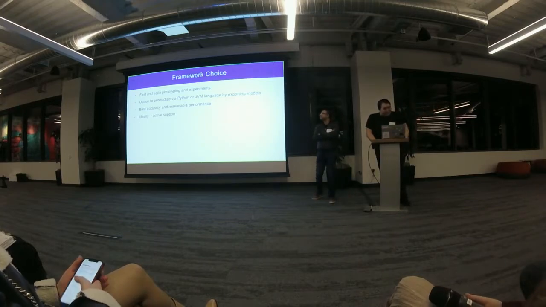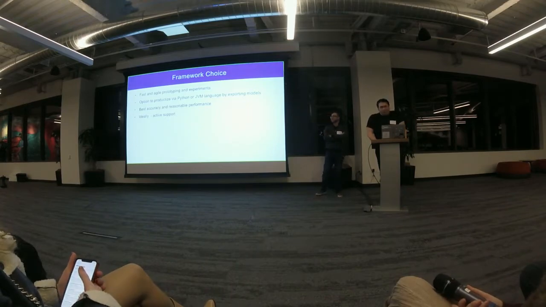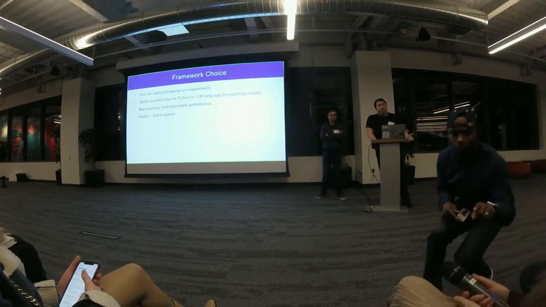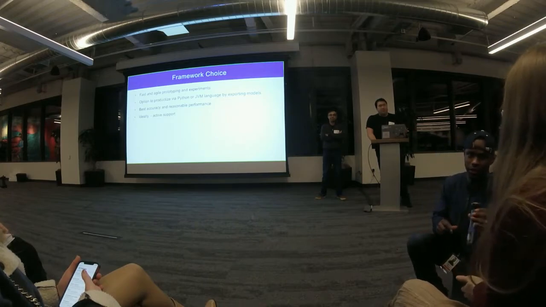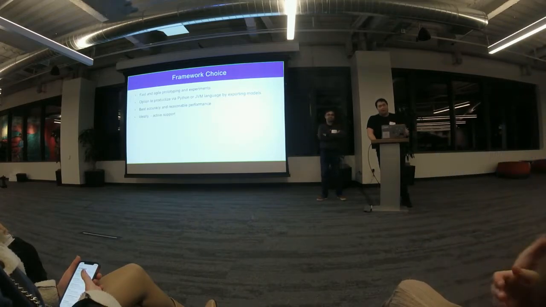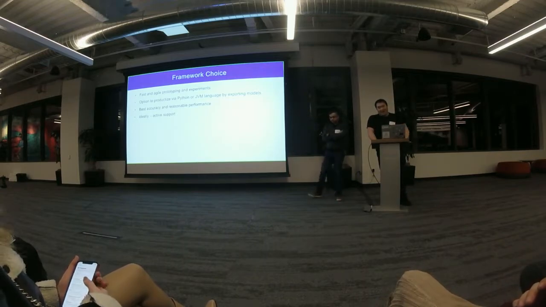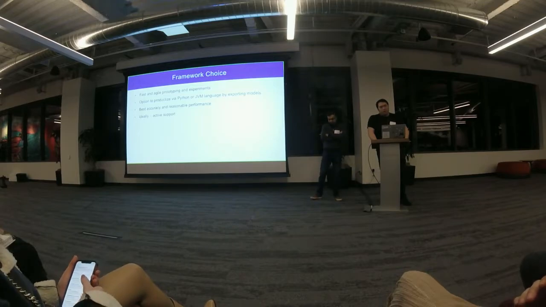But anyways, the second one is, Workday is a JVM shop, so we want certain things to be prototypable via Python, but also some on JVM where we can leverage a lot of the existing tools of a large company. And also we want the best accuracy, and our performance requirement is not as high, because what we want to provide as an enterprise product is that it has to work.